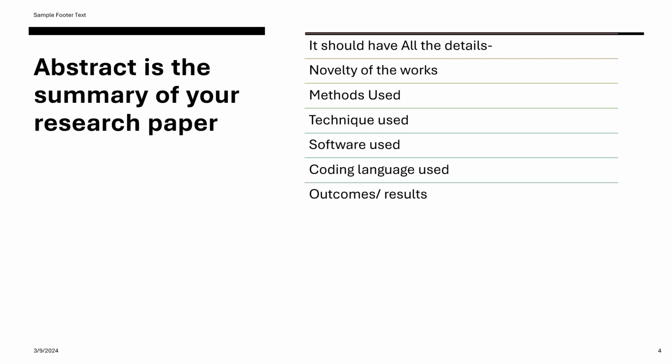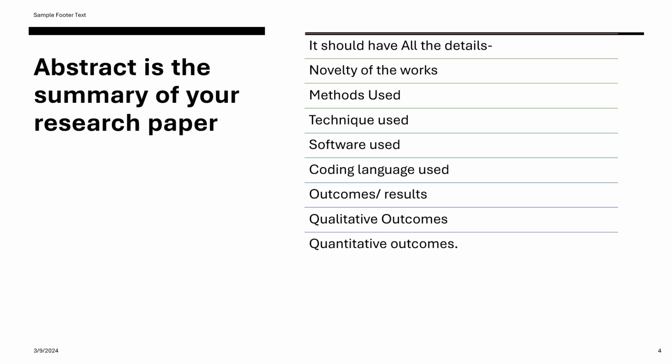You have to show the outcomes or the results of your research work in the abstract also. There should be a qualitative as well as quantitative representation of your results. For example, you have applied neural networking on something, and this was your percentage saving or percentage effectiveness.